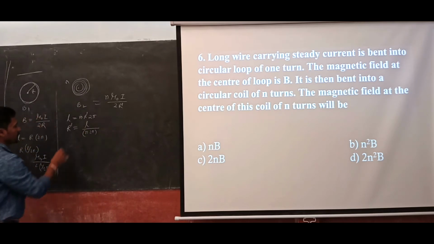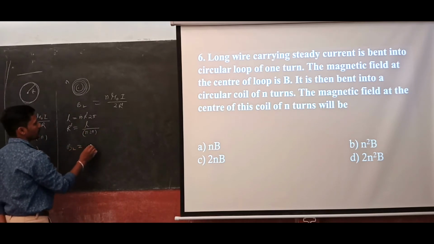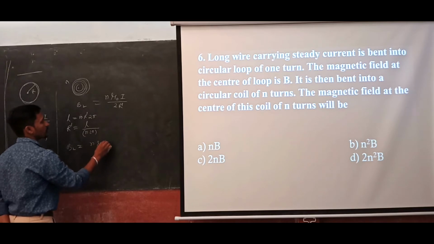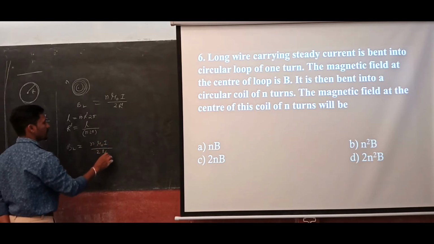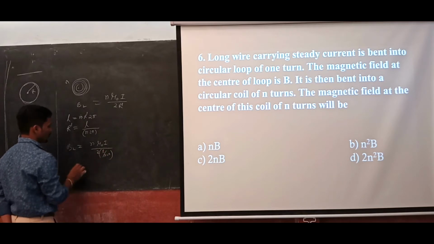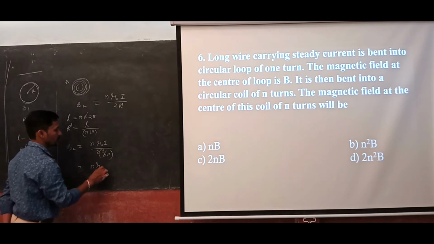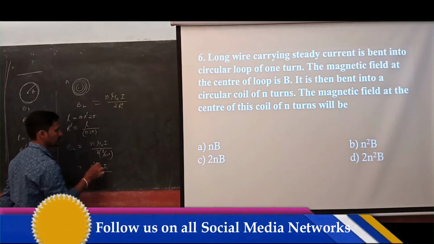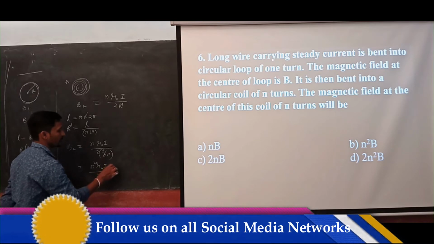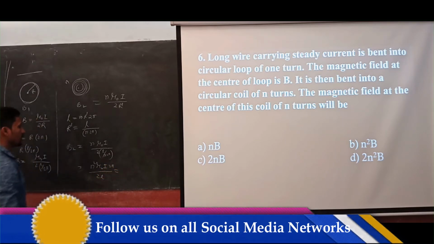Now I will get B2 equal to n times mu naught I divided by 2 L times n 2 pi. So I am going to get n times mu naught I divided by 2L, n 2 pi goes to the numerator, n square 2 pi it becomes.